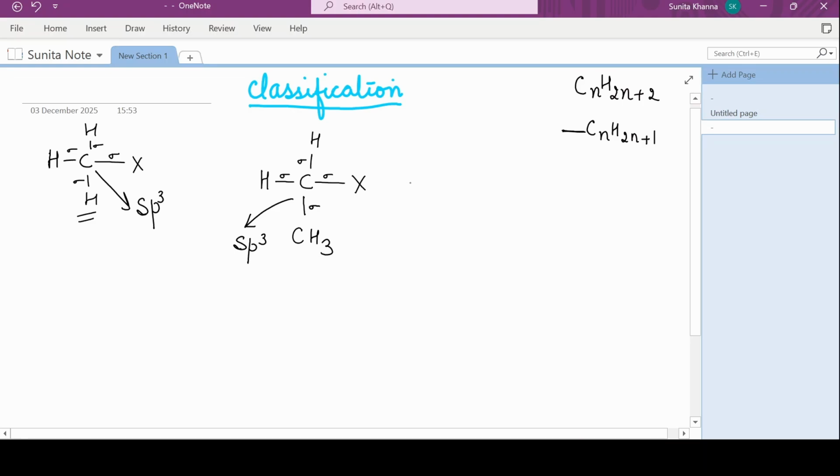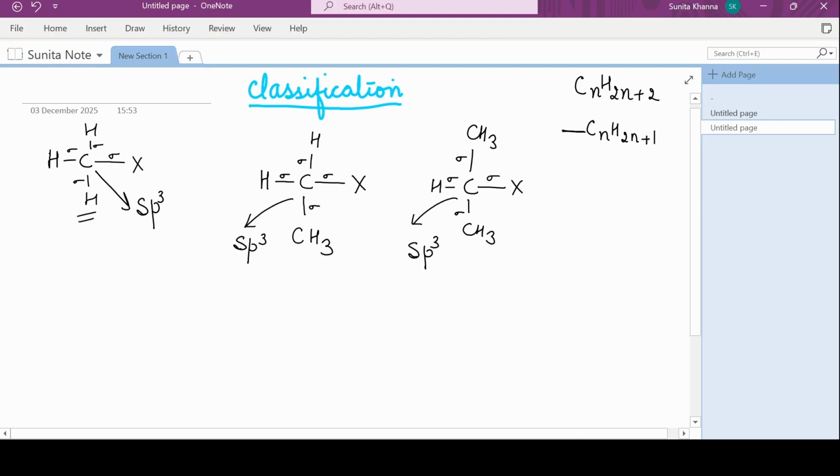Now I make one more change. This hydrogen is as such, this methyl group is as such, but instead of this hydrogen I put another methyl group here, and the halogen is still attached to this carbon atom. Again 4 sigma bonds, so carbon is still sp3 hybridized.